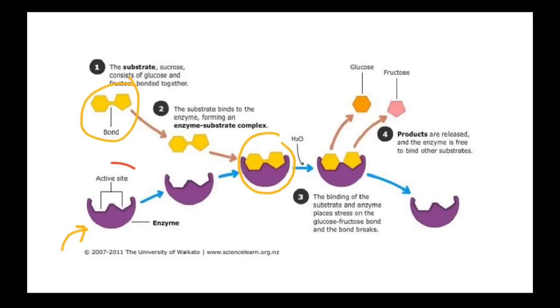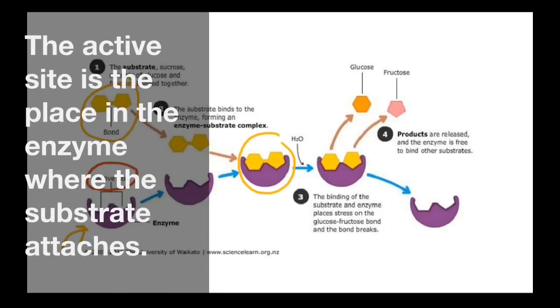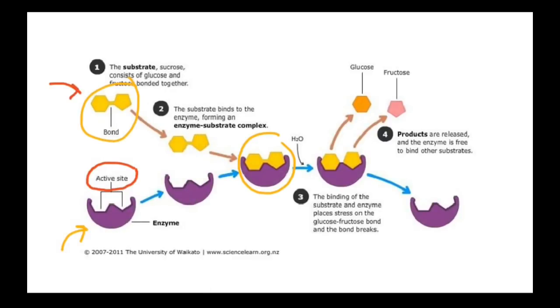Right here is the active site, which is just where a molecule binds to an enzyme. A molecule is called, in these types of reactions, a substrate, which is anything that binds to an enzyme. Once they're bound together, like in this graphic right here, they're called an enzyme-substrate complex.